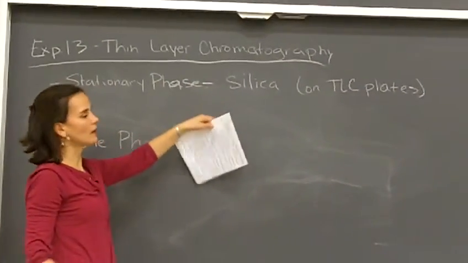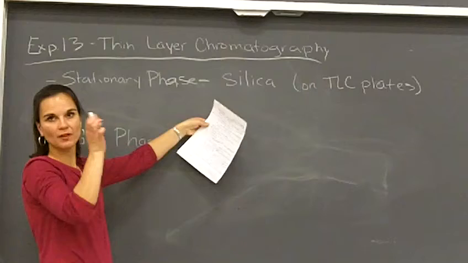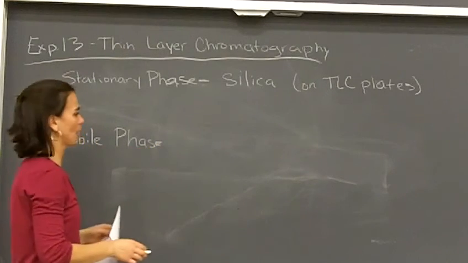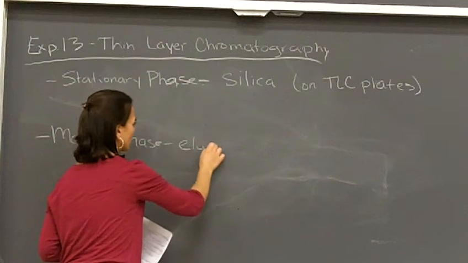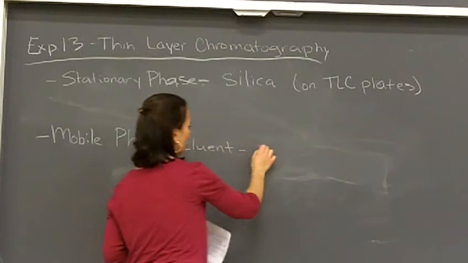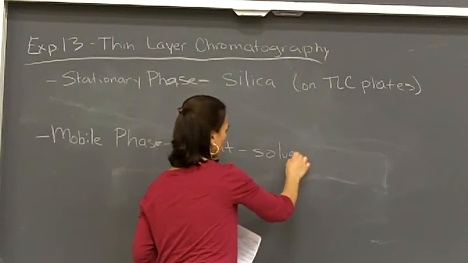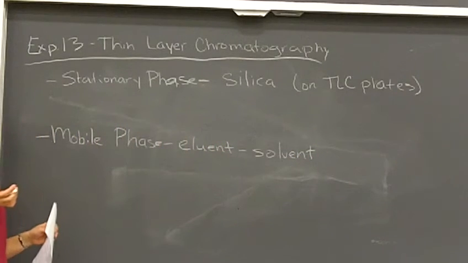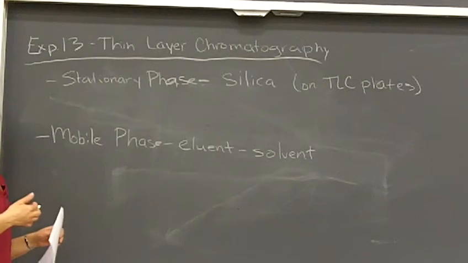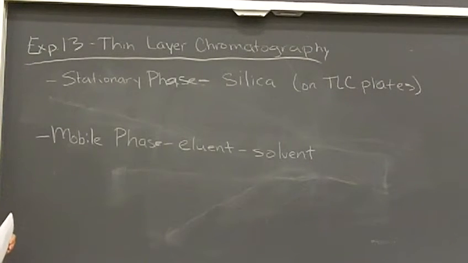So it's silica that's on a flat plate with a plastic backing, okay? Your mobile phase is your eluent, or the solvent that you're using for TLC. So I just a minute ago talked to you about what your solvent is. It's 1:1 hexane ethyl acetate. That is your eluent or your solvent for TLC, and that's going to be your mobile phase, all right?